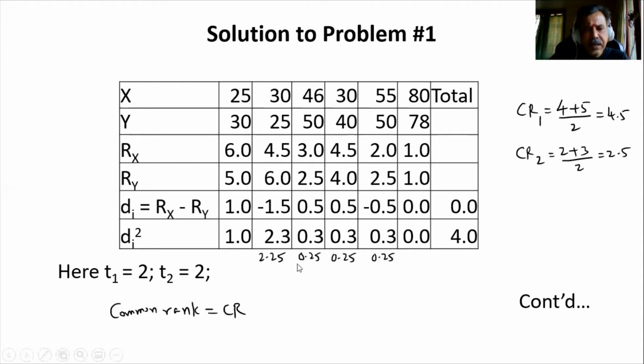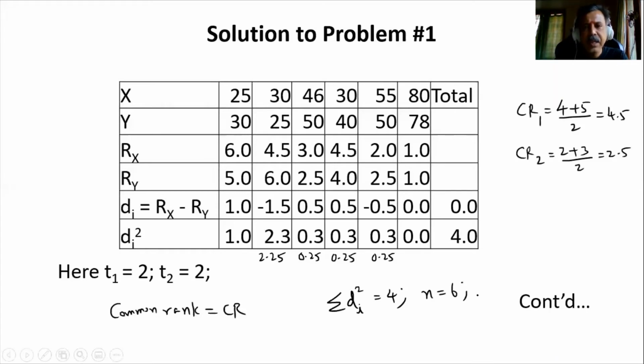So 2.25 plus 0.25 is 2.5, plus 0.5 is 3, plus 1 is 4. So we got summation of d square as 4. And there are 6 pairs of values, so n is 6.